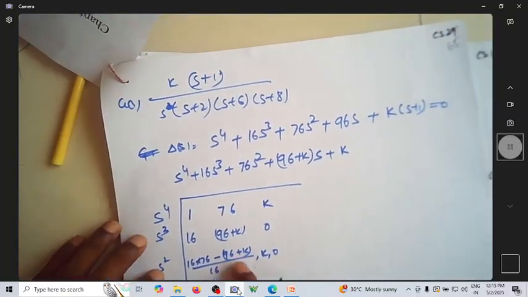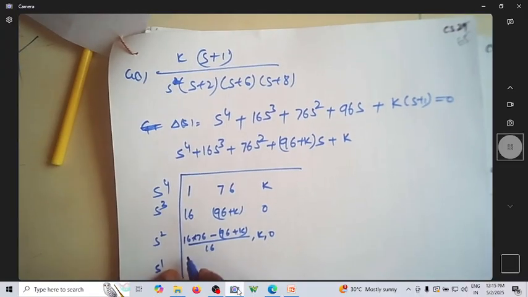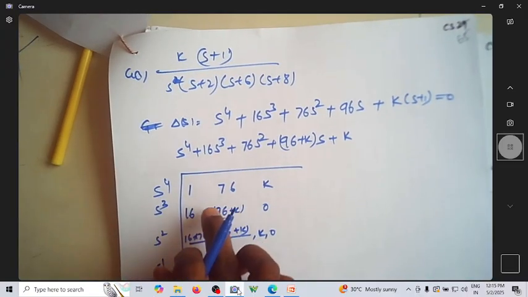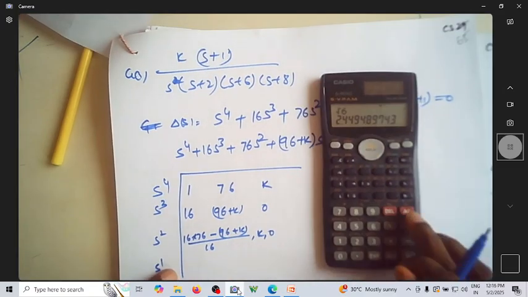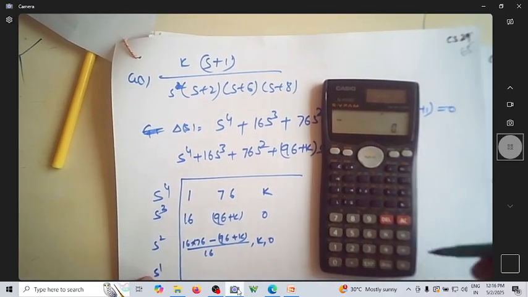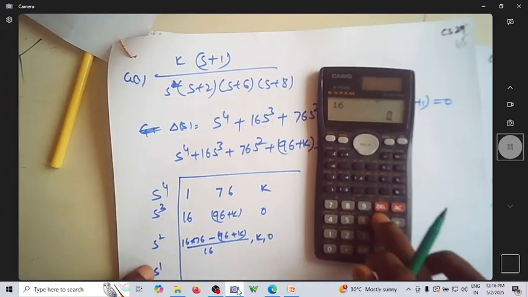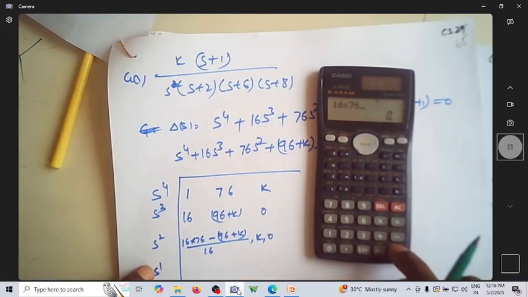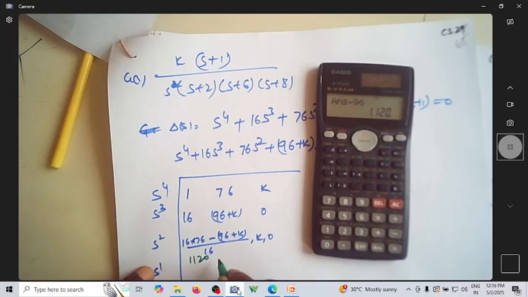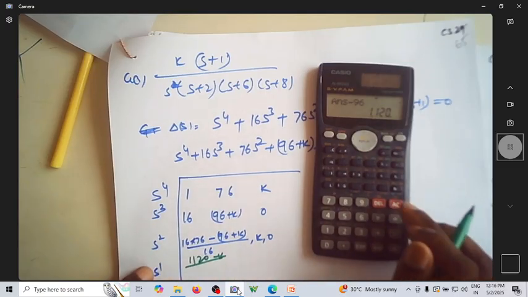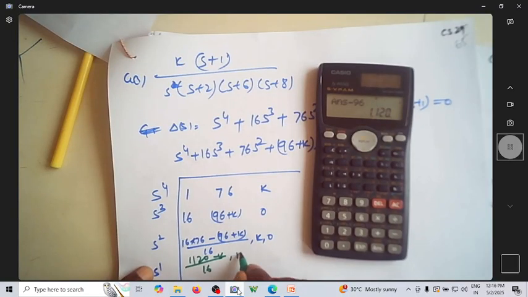We have a K term now here. This is K, and what is this? This into this minus this into this. Let me just find out how much is this. Let me rewrite this. It is 16 into 76 minus 96, it is 1120, minus K, by 16. So then what is your S power 1 term?